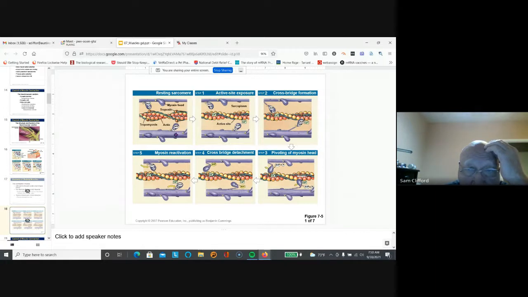The myosin has all these heads, and once calcium is released from the sarcoplasm, it binds to troponin, which allows these tropomyosin filaments to rotate and expose binding sites on the actin to allow this energized myosin head to join.